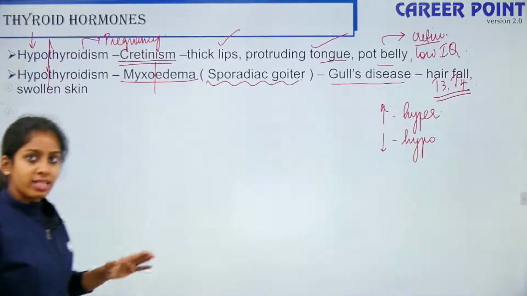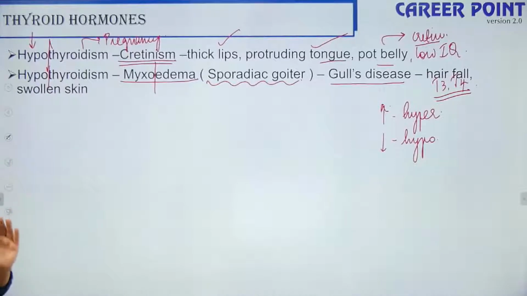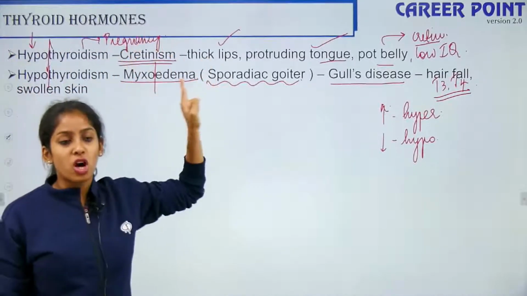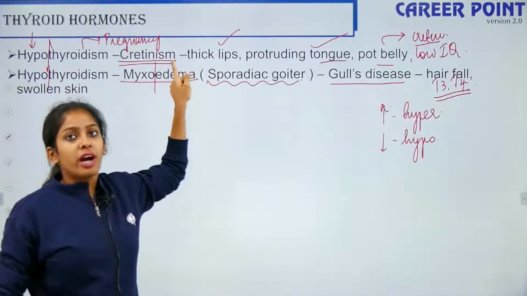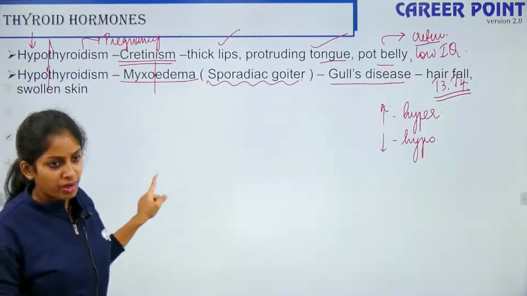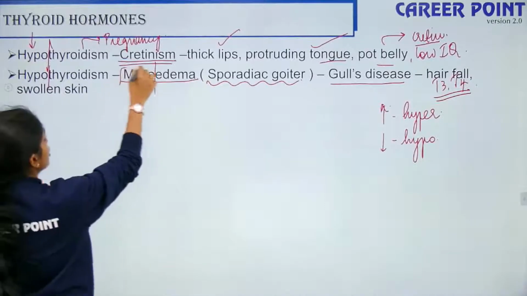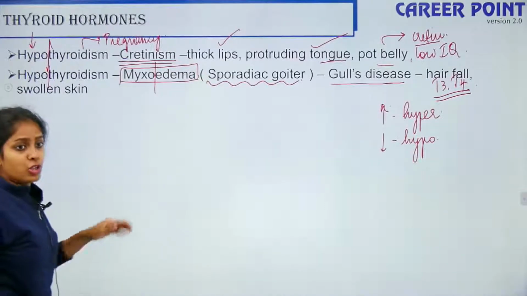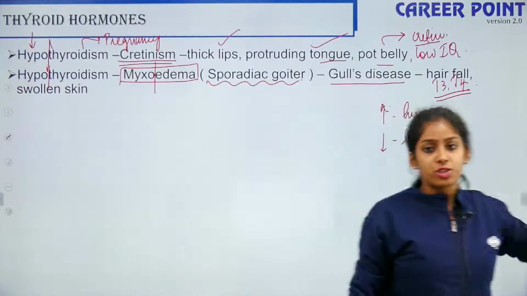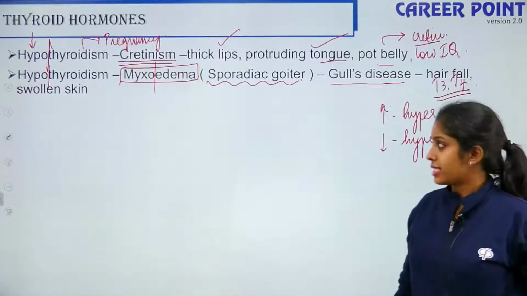Once again, when you have decreased thyroid secretion in a pregnant woman, the condition is called cretinism, which affects the child. In a normal adult, a hypothyroid condition leads to myxedema. Myxedema is also known as sporadic goiter, or Gull's disease.